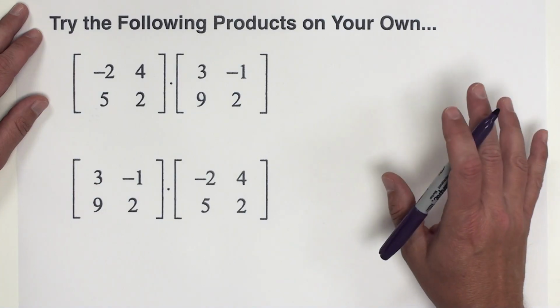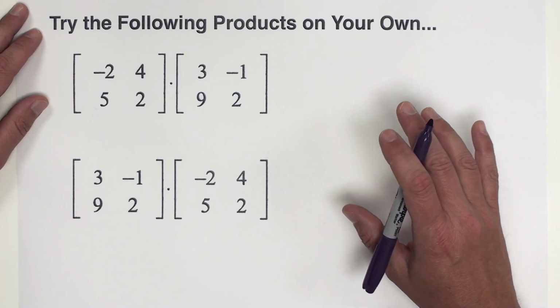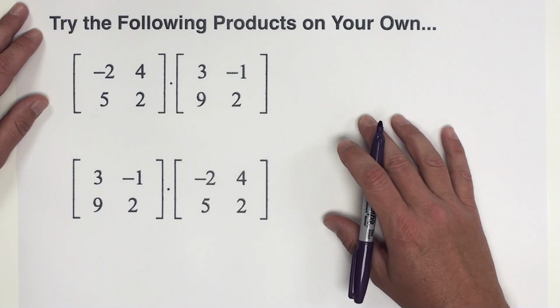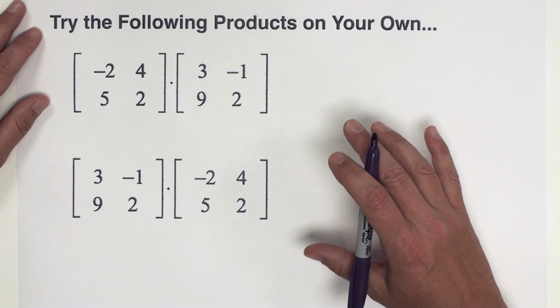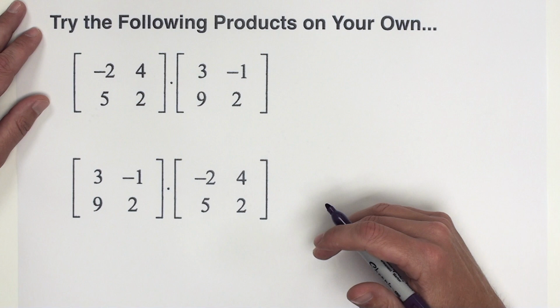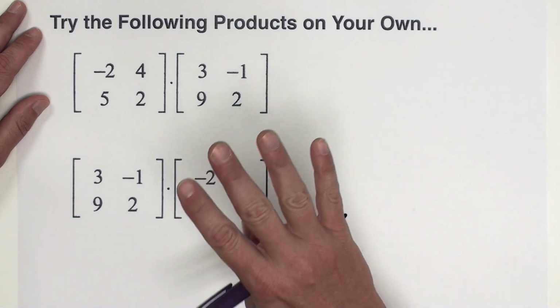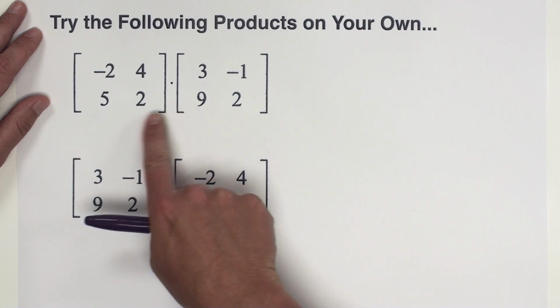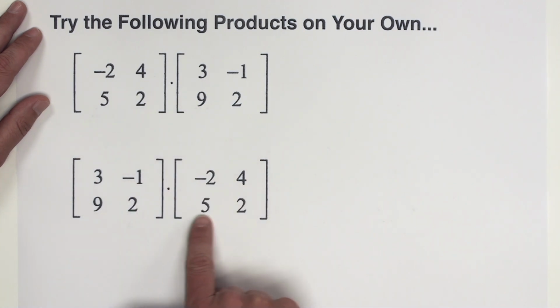Okay, this last slide on the video, I think it'd be a great time for you to dive in and try one of these on your own. And we're going to go somewhere with this particular slide at the end. I would like you to pause this and then do both of these problems. So you've got this product right here to do, and you've got this product right here to do.